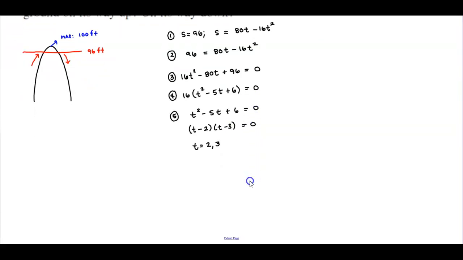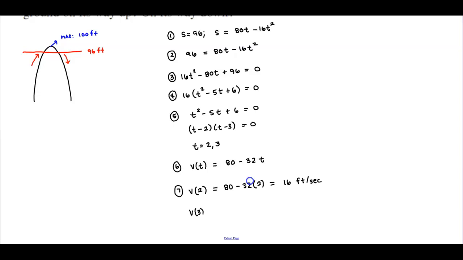So now we're going to use the velocity function. Recall that the velocity function that we got from the beginning was 80 minus 32t. So let's find out what happens when t is equal to 2. When we find v of 2, that's going to equal 80 minus 32 times 2, and that's going to give us 16 feet per second.